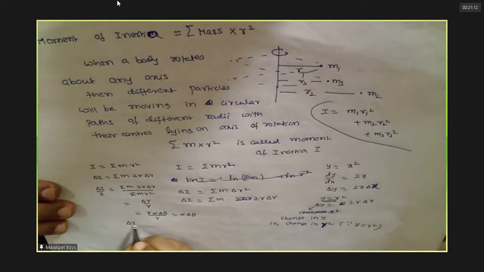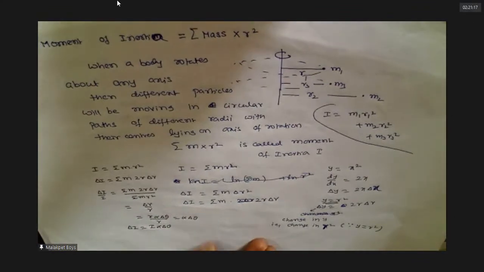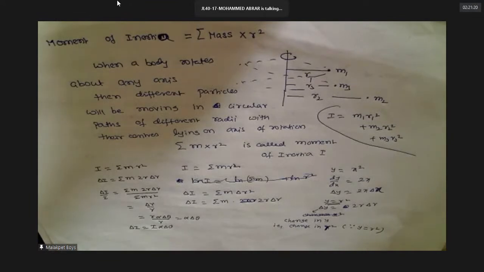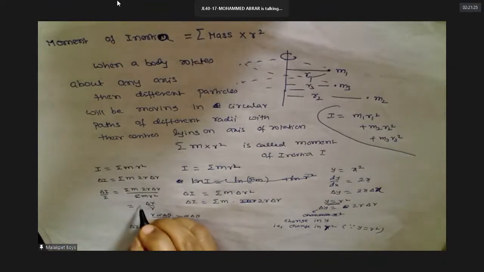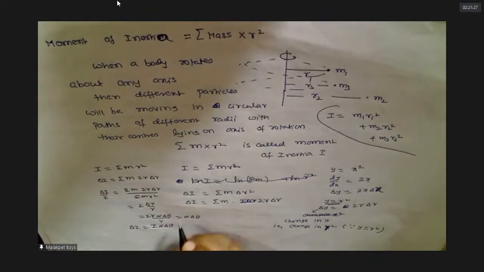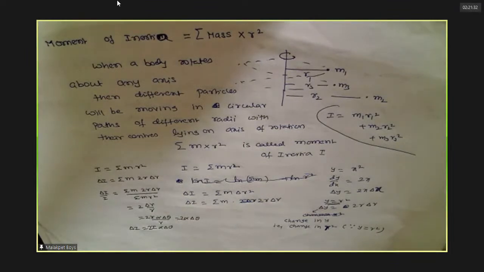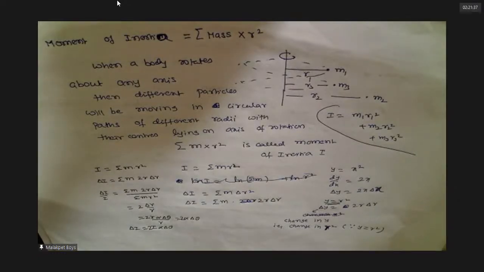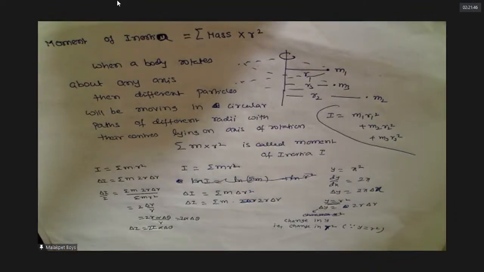So the change in moment of inertia is 2 delta R by R, will come, no sir? Okay. Is it clear? Clear, sir.